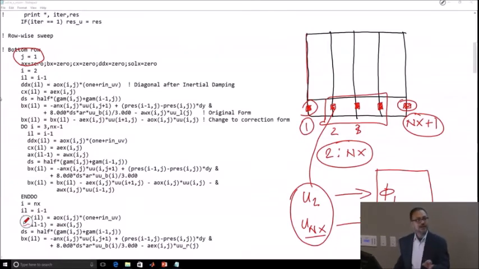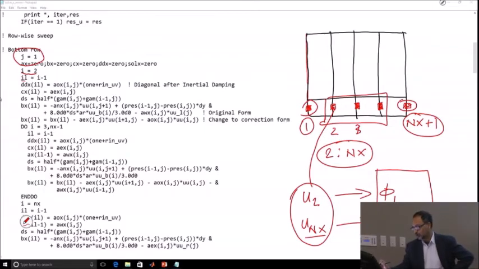So you have to understand that when you're setting up your tridiagonal solver, you're not setting it up from 1 to nx plus 1. I mean, you could do it if you wanted to do it that way, okay? But that's not how I'm doing it here. I'm setting it up from 2 through nx, okay? So here is what I'm doing. I'm saying, okay, my first unknown is i equal to 2, okay?